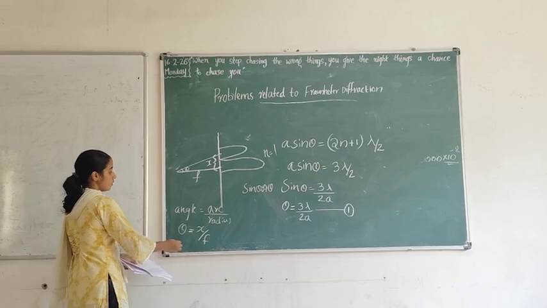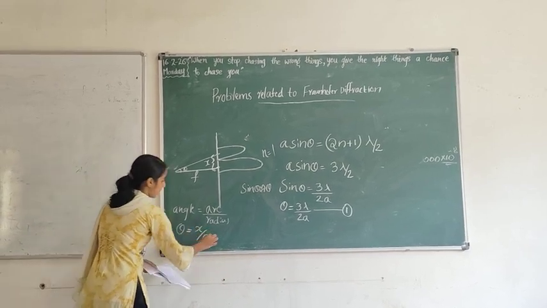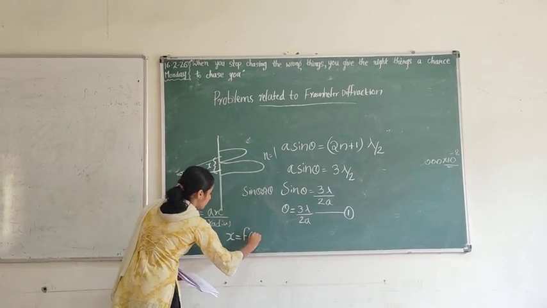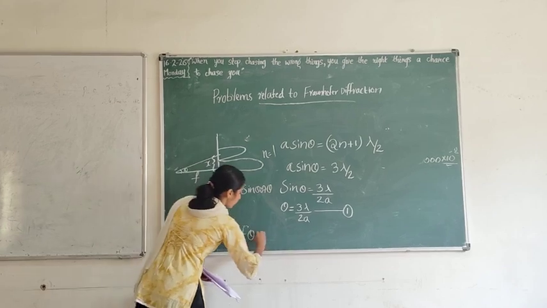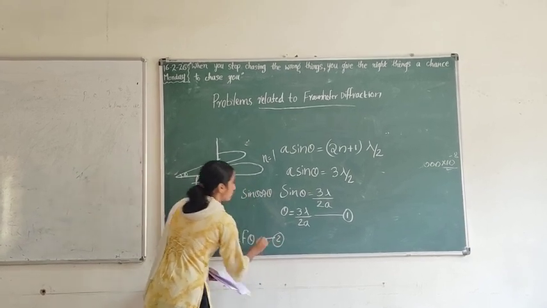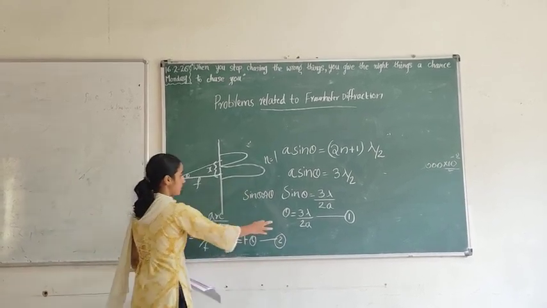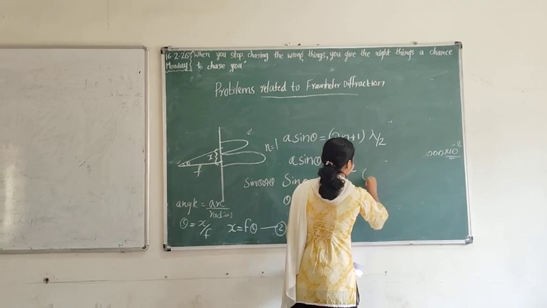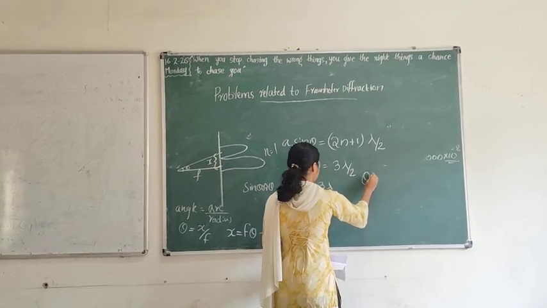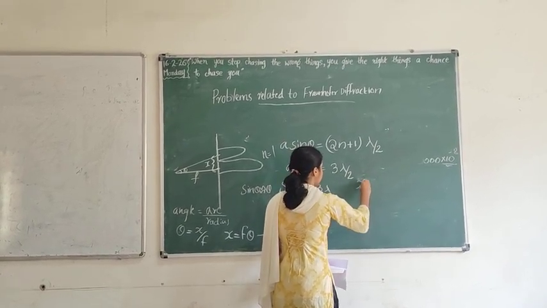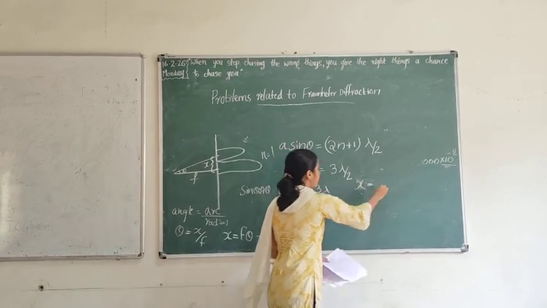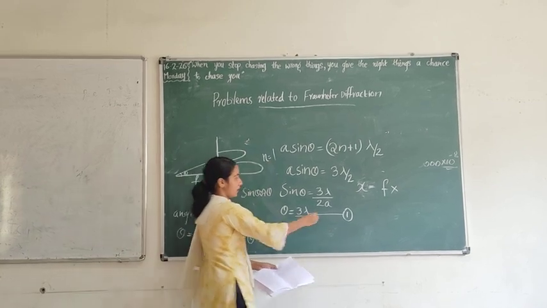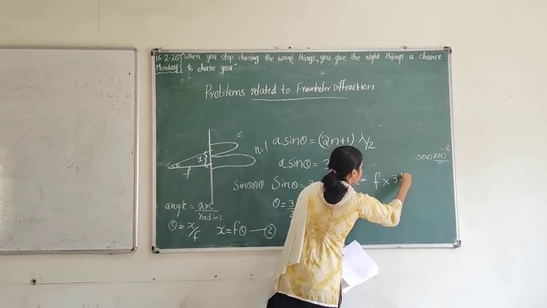So we want to find x, so write the equation as x is equal to f theta. This is equation number 2. Then substitute equation number 1 into 2. So x is equal to f into theta, that is 3 lambda by 2a.